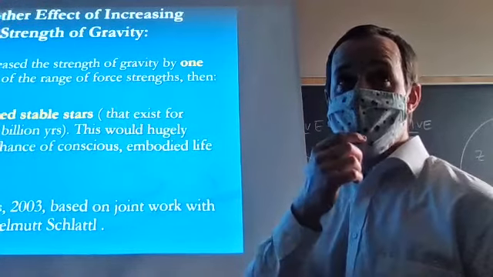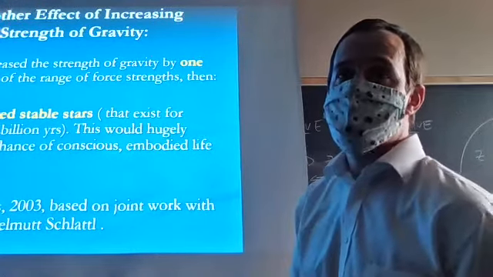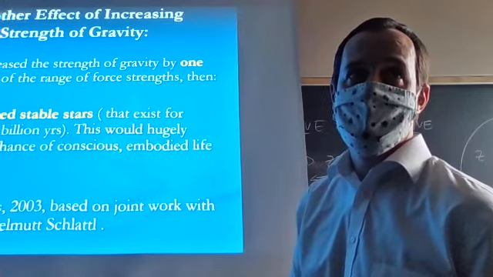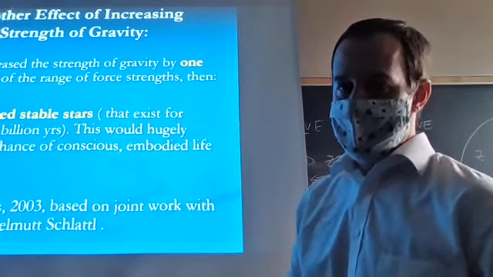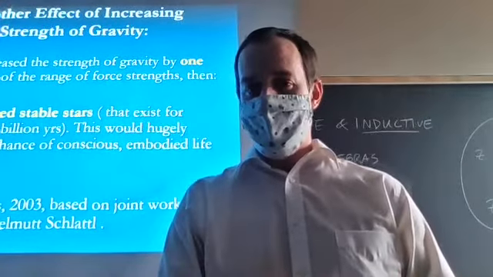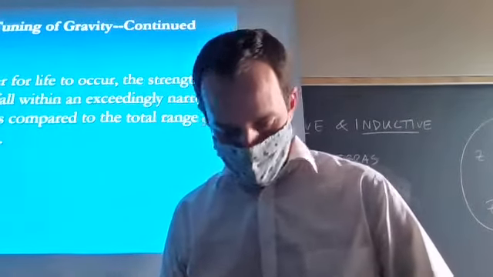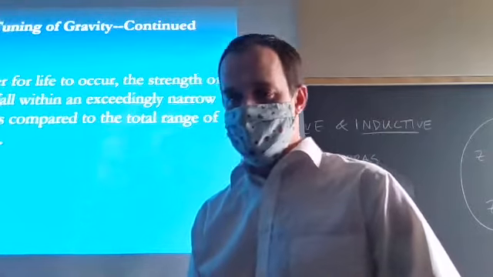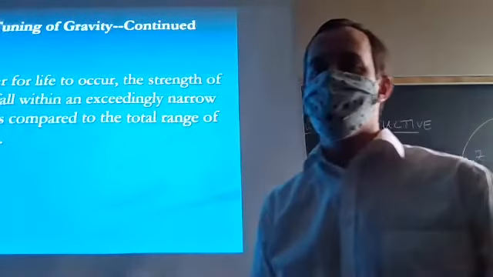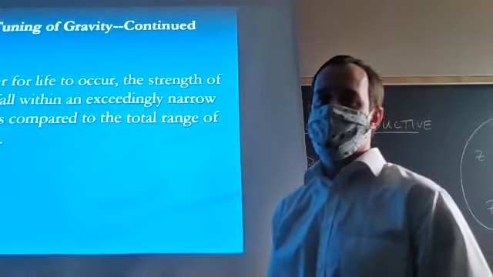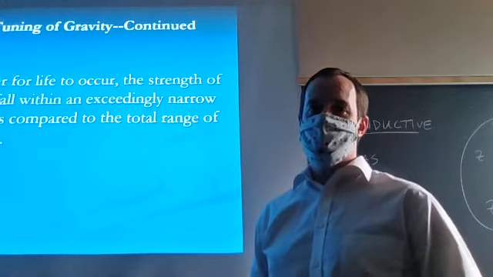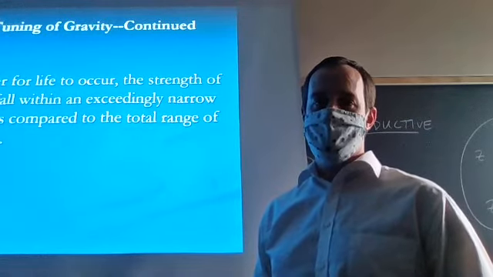Obviously, without our own star, embodied conscious life would never have arisen because of the essential role in the development of nutritional materials, et cetera, that we as a species use in order to survive.